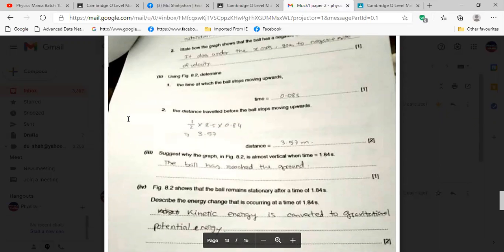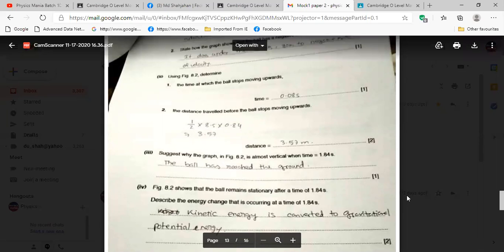Now, suggest why the graph in figure 8.2 is almost vertical when time is 1.84 seconds. The ball has reached the ground. Like it was thrown vertically upwards, then it fell down on the ground in 1.84 seconds, right?